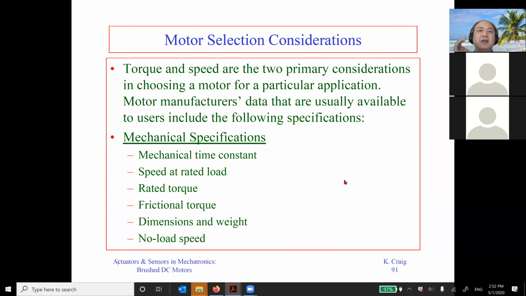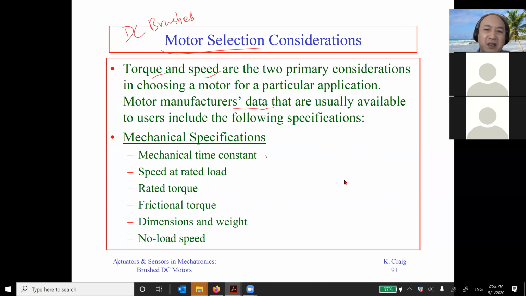So in selection of a DC brushed motor, there are two primary considerations: what torque you need and how fast you move. The manufacturer will give you a data sheet or specification sheet that includes these.